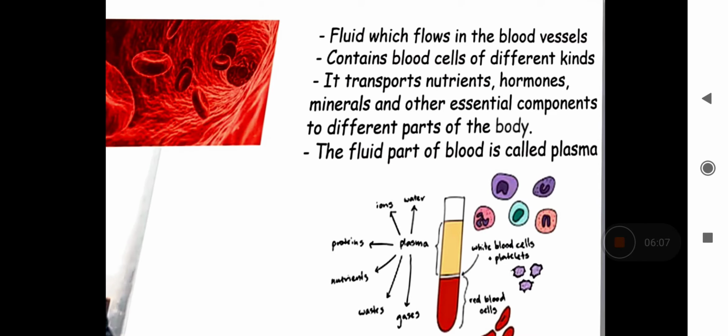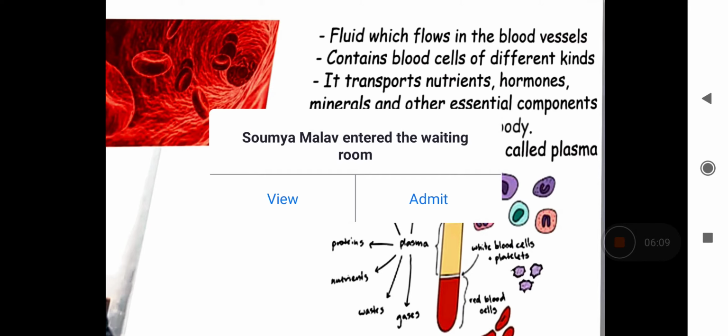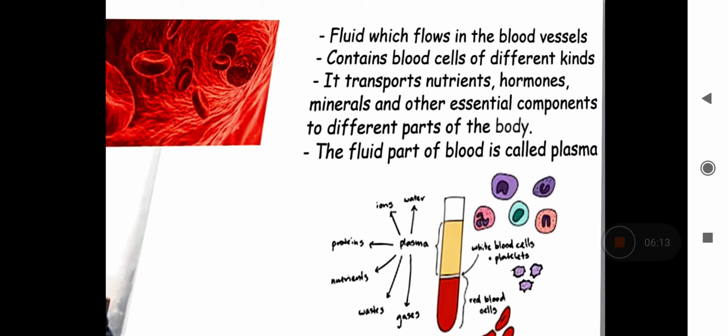Very important, that is blood. Blood transports different things. What are these things that blood transports? Blood transports the digested food from the small intestine to other parts of your body.